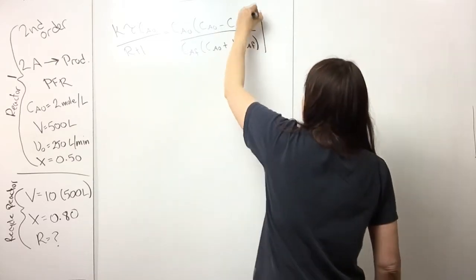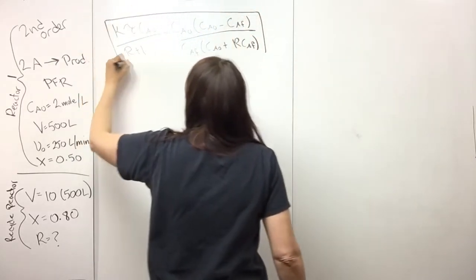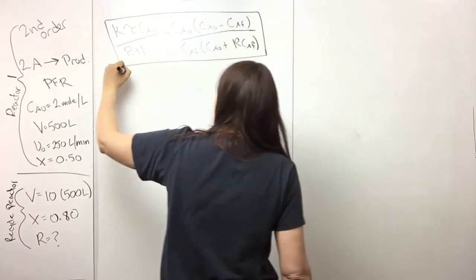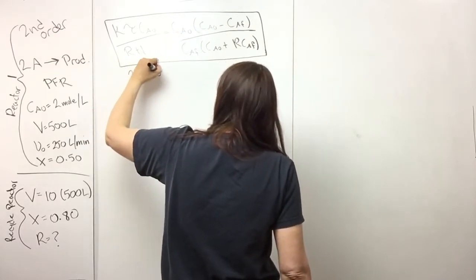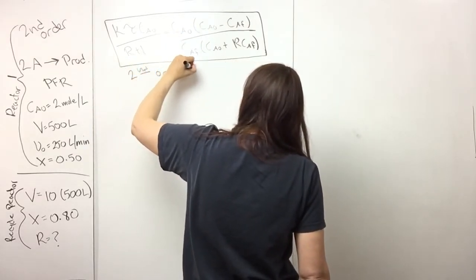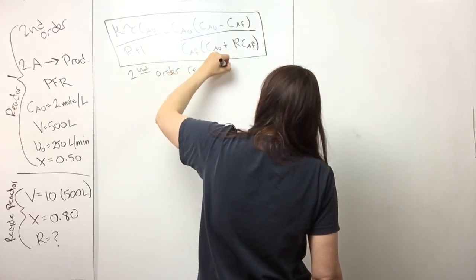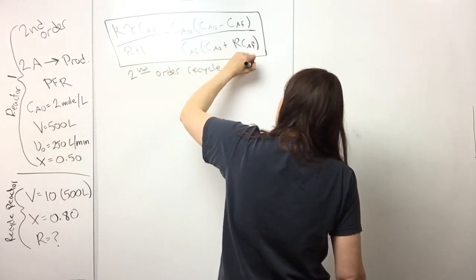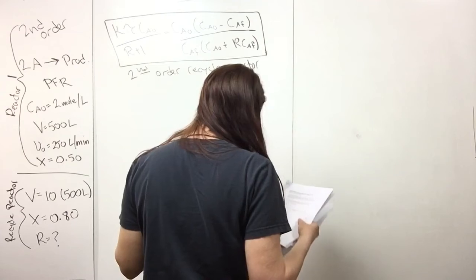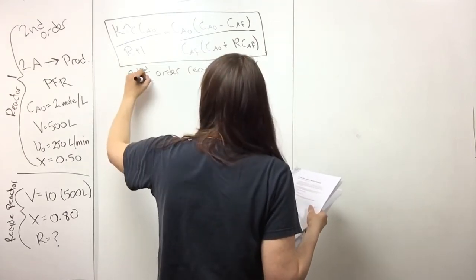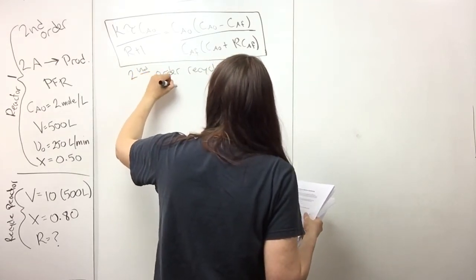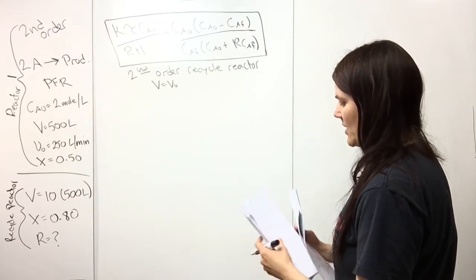And so this is the second order recycle reactor, and this assumes no volume change, so V is equal to V naught. And you can kind of see where you can go from here.